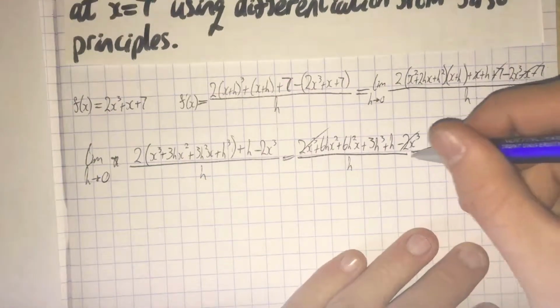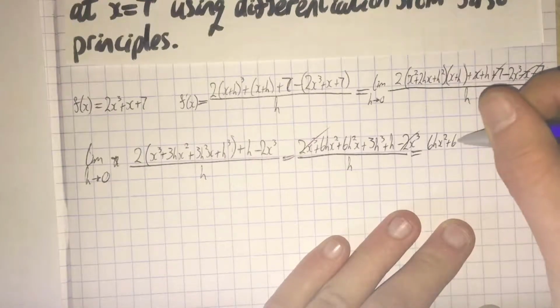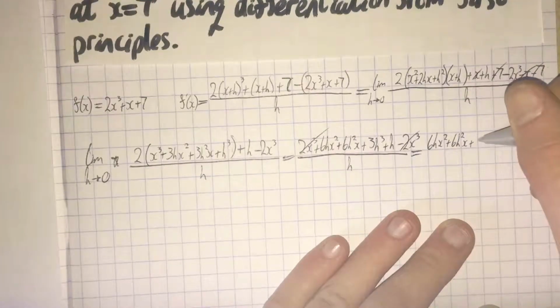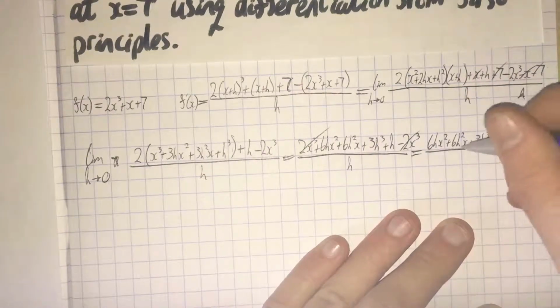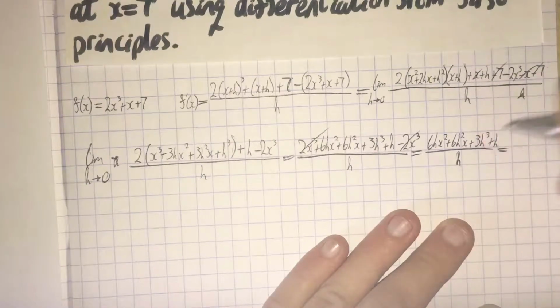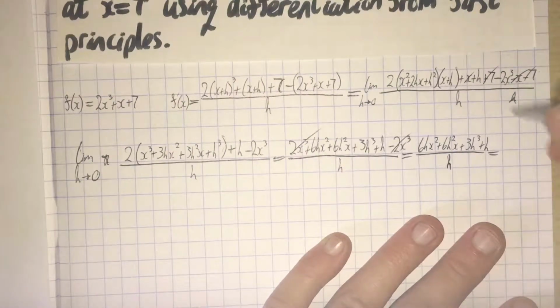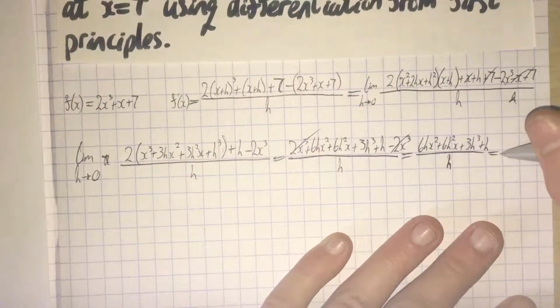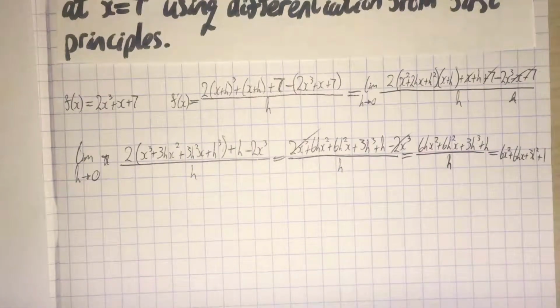Right, so that's going to leave us with 6hx squared plus 6h squared x plus 3h cubed plus h all over h, which will equal a lovely, a little bit tight here, 6x squared plus 6hx plus 3h squared plus 1.